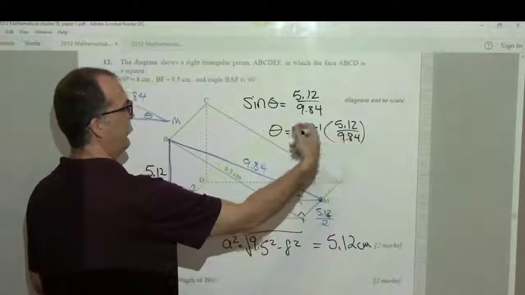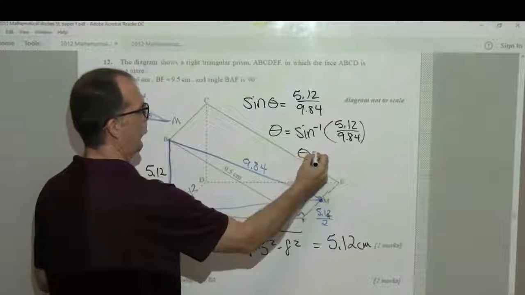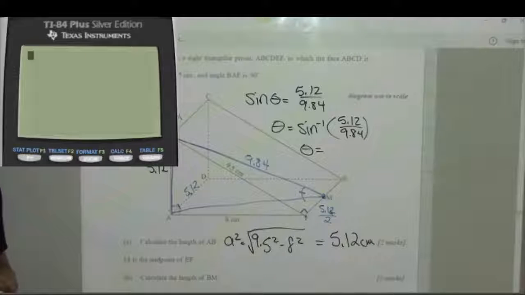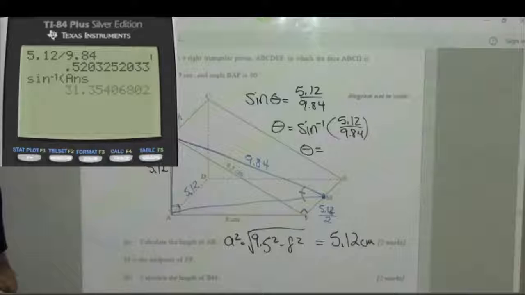We can do it a couple of ways. I can go 5.12 divided by 9.84, find out what that answer is, and then take the inverse and insert the answer in there. We come up with 31.35, rounding to 31.4.